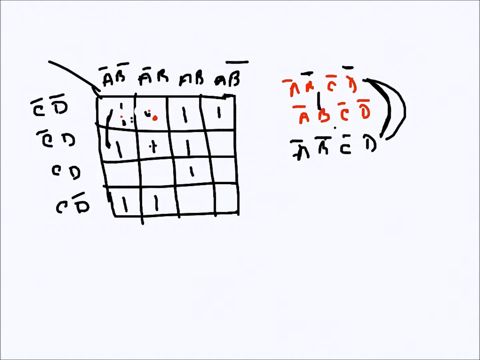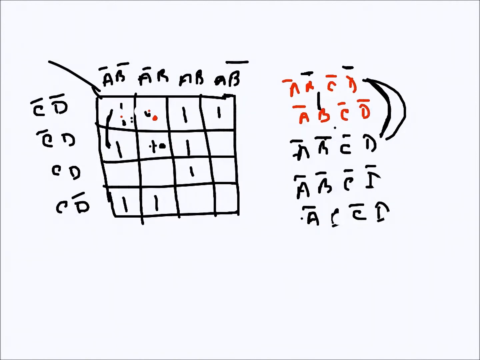The diagonal squares are not adjacent, because if we see, the change is more. Here it is a bar, b bar, c bar, d bar, so more than one variable changes, and this one here is a bar, b, then c bar, d. So b is also changing, d is also changing, so that's not adjacent anymore.